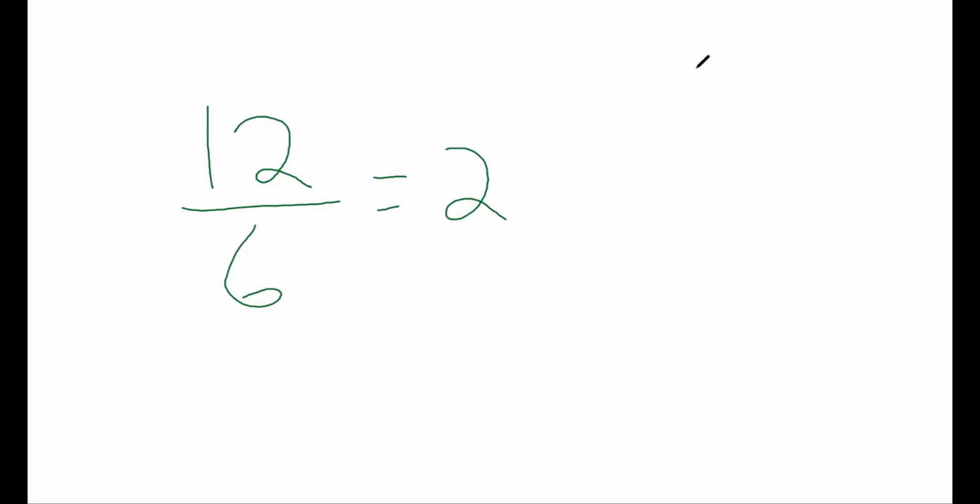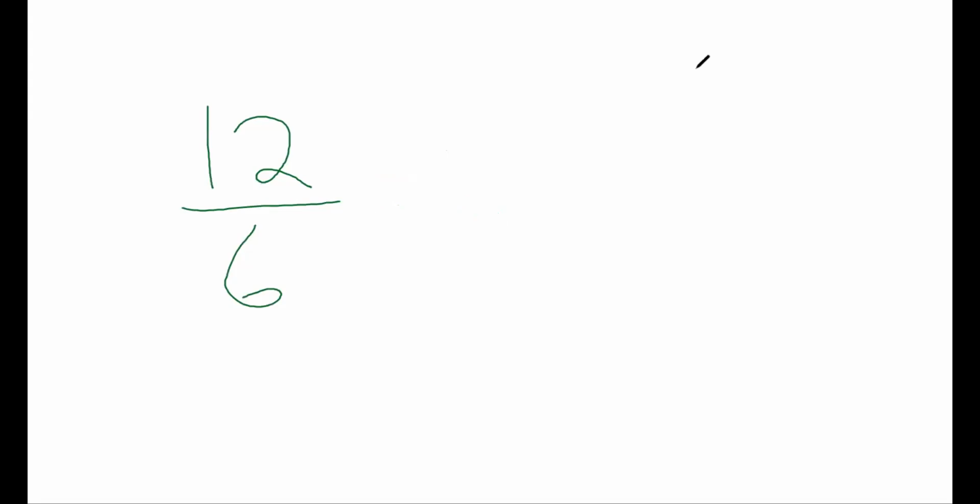So that's one way to think about division. But another way to think about it is, pretend you didn't have that 2 there. 12 is the number that's being divided. 6 is the thing doing the dividing. When you say 12 divided by 6, close your eyes, because it's fun.